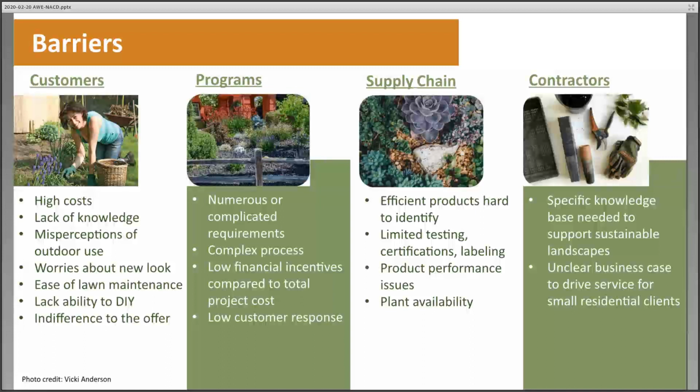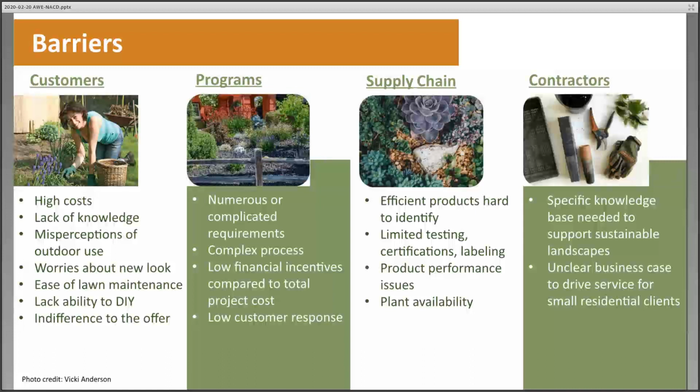So if you're giving someone a rebate for a toilet, it may pay for the toilet, or a clothes washer, it may pay for half of it. But with a landscape, it may be hard to cover a large percentage of the project. And then, for the folks implementing these programs, they're much more complex than, say, just processing a rebate for a product, because there's a lot going on with landscape water use.